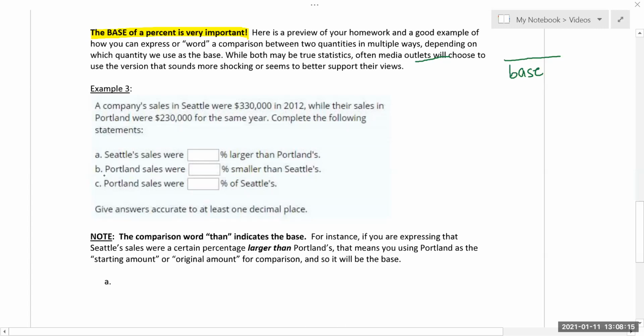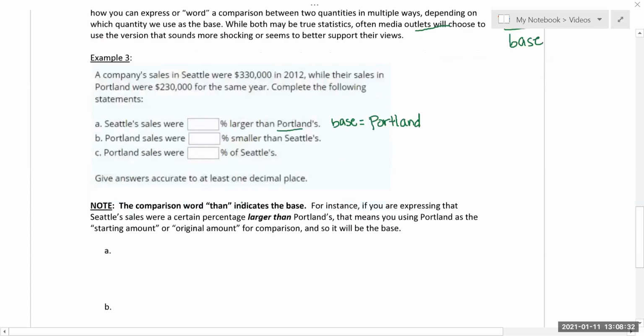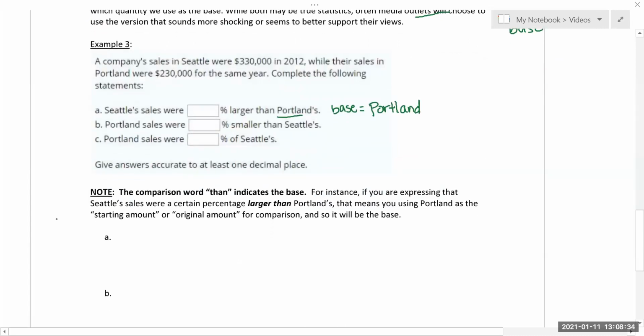So for this first piece, Seattle sales were what percent larger than Portland? That means that you're comparing Seattle to Portland. So your base, or the bottom of your fraction bar, is going to be Portland. We're trying to see how that difference in sales compares to how Portland did as a whole.